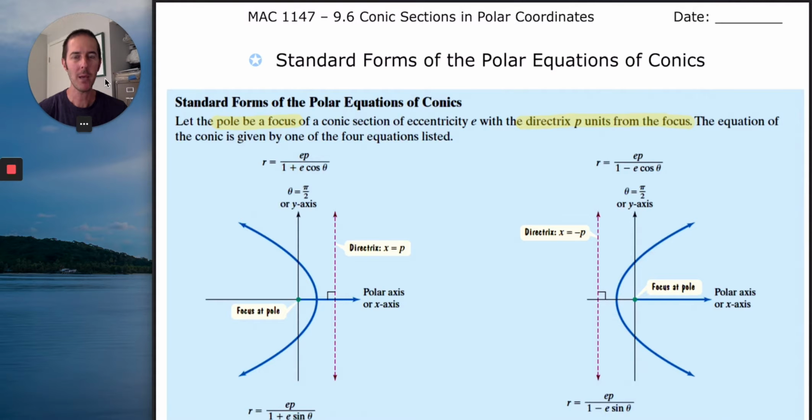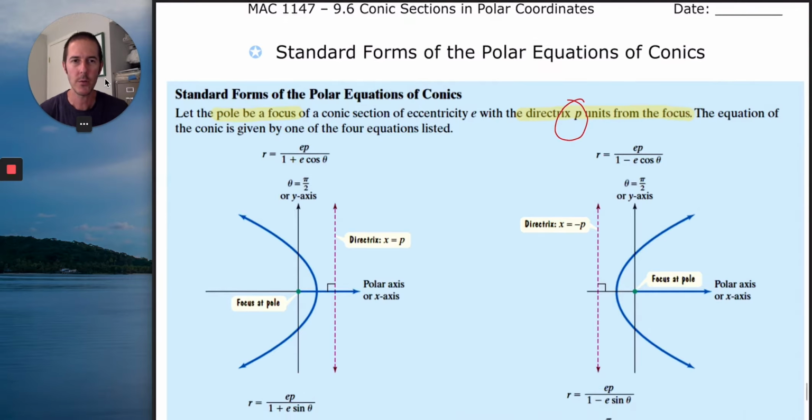And P is going to represent the distance from the directrix to the focus. In other words, from the directrix to the pole.